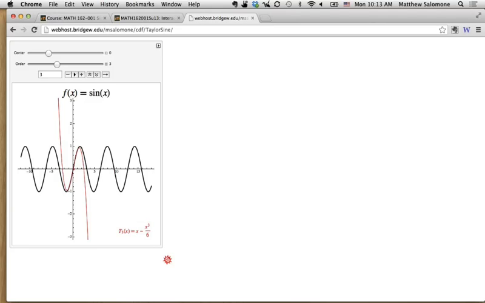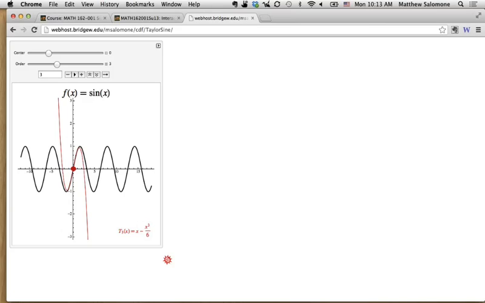It's a cubic function, and this cubic function matches up with sine of x near the point x equals 0, right there at the origin. It matches it up better than any other cubic function can. In particular, it matches it up better than any line can.